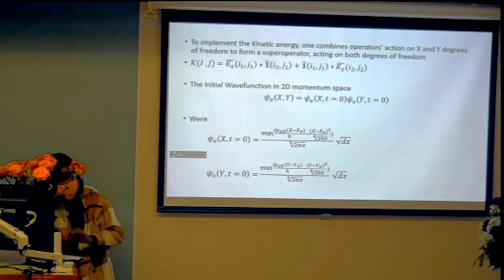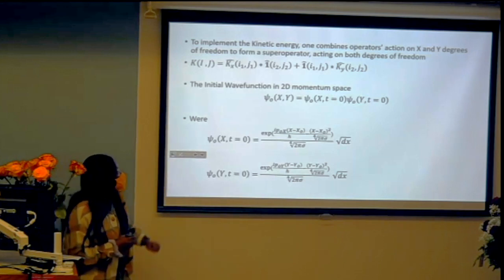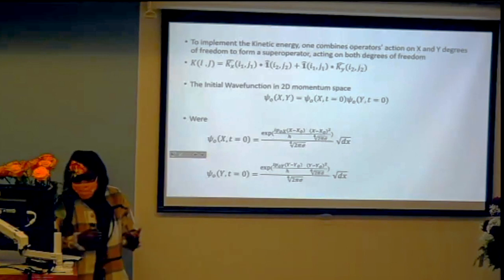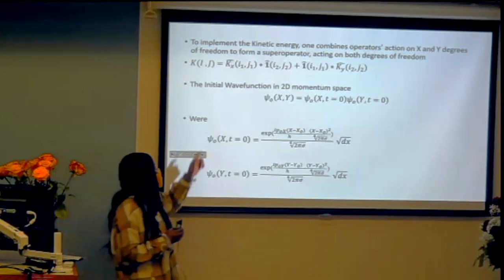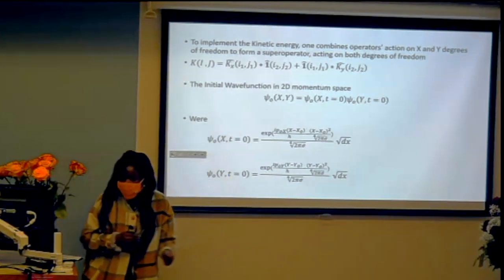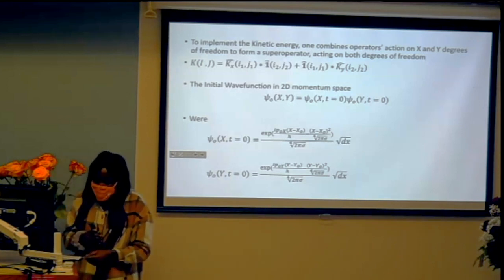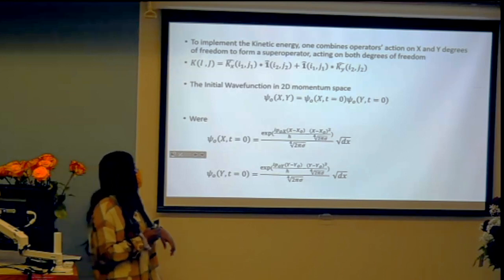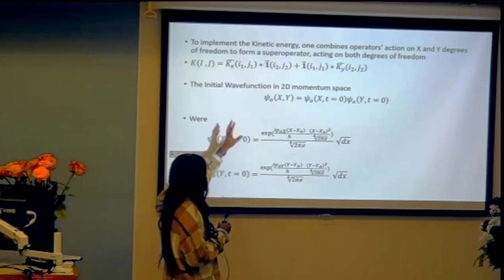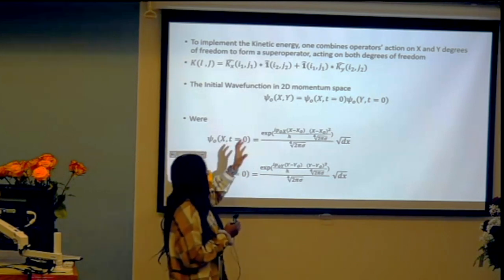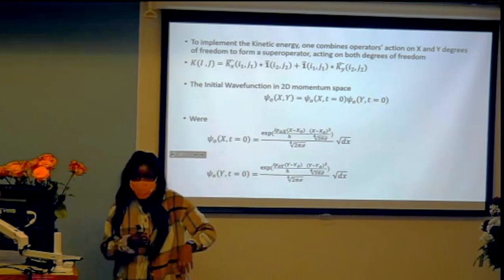So here is the kinetic energy. K_IJ is the kinetic energy operator, and then one is the identity operator with respect to other indices. The initial wave function in two-dimensional space was defined by taking the product of the initial wave function in the x and y direction.